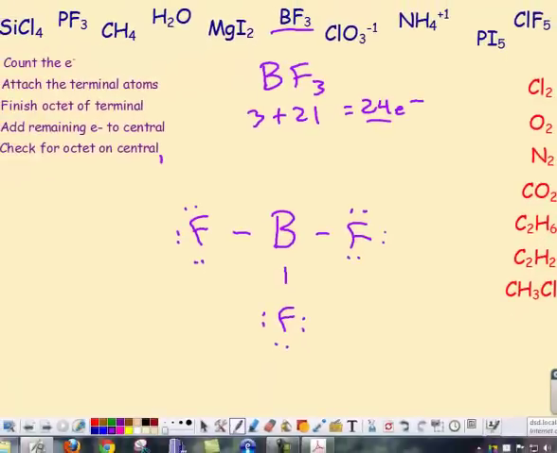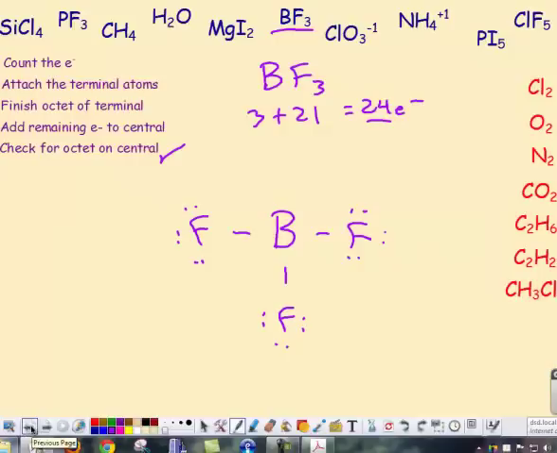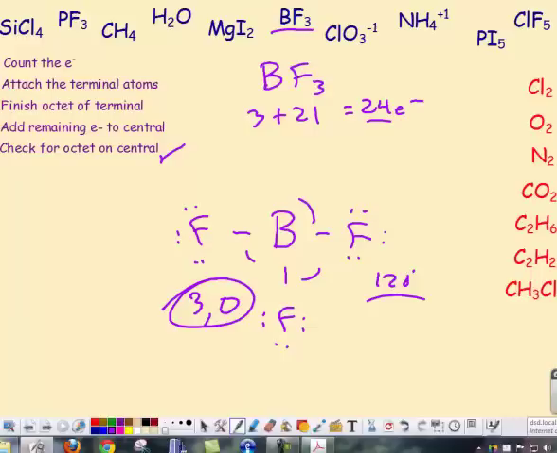Boron does not have its octet, but it is in group 13. So group 13, or 3A, these only need 6 electrons around them to be happy, once again, because of symmetry. This thing would be symmetrical. It would be exactly 120 degrees between each other. Symmetrical, 3 and 0. We could refer to our chart, and we could see that that would be the case.